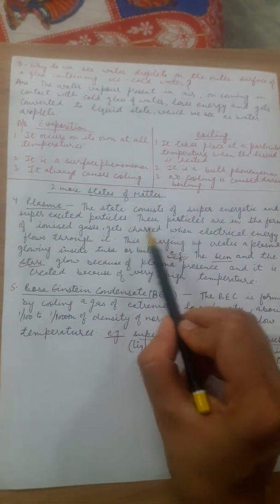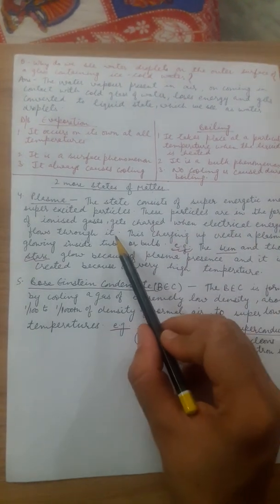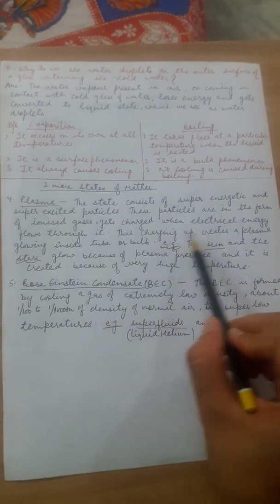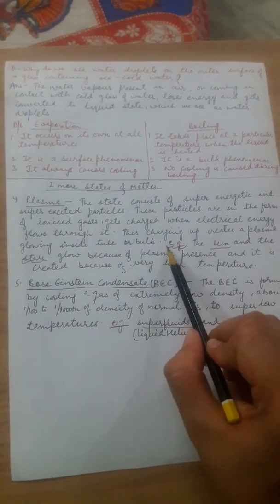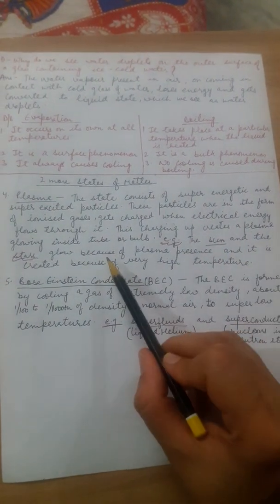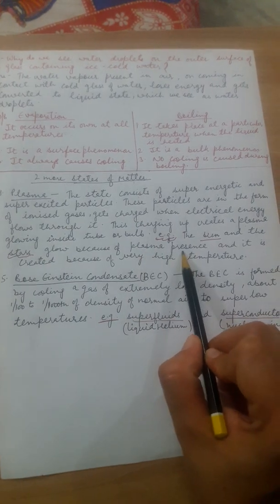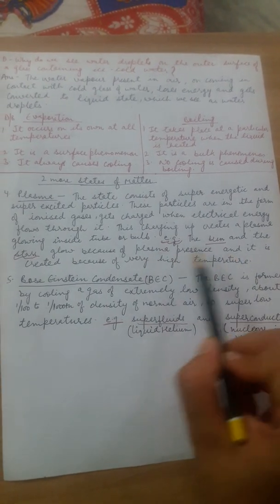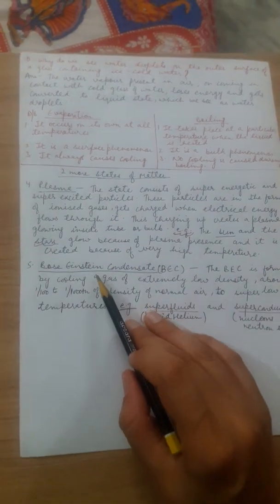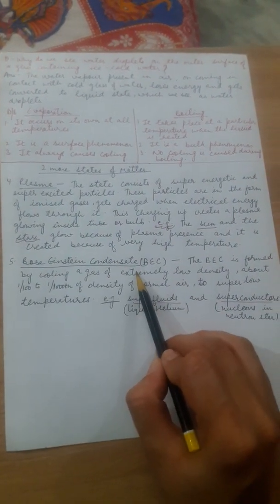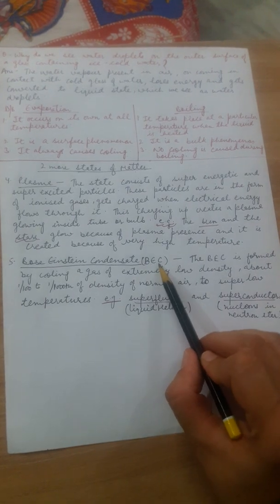They get charged when electrical energy flows through it. This charging creates a plasma glow inside the bulb. For example, the sun and the stars glow because of plasma present in them, and it is created because of very high temperature.